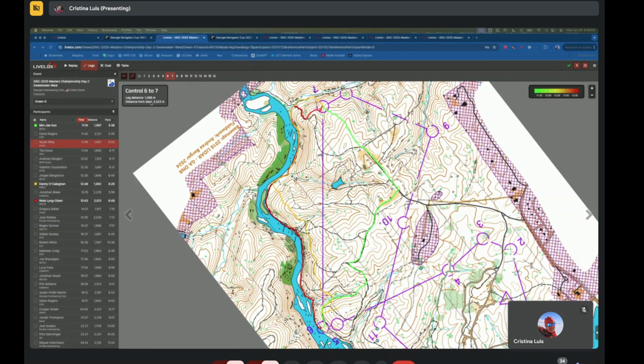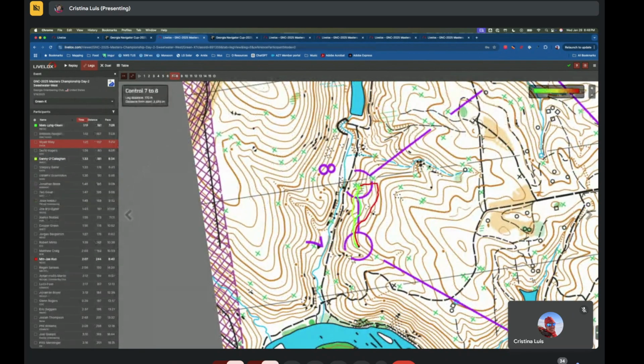You often find that the people who end the leg with a steep climb like I did are slower on the following leg because they still have that fatigue in their legs. It doesn't happen always, but often, I look at both legs to get the full comparison of a leg with the climb.